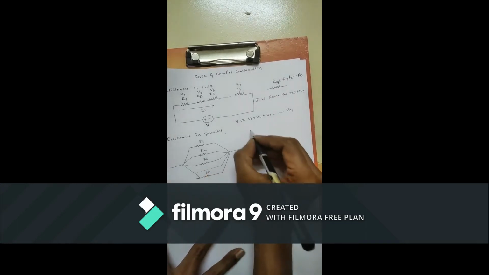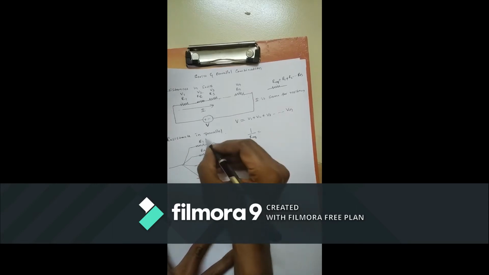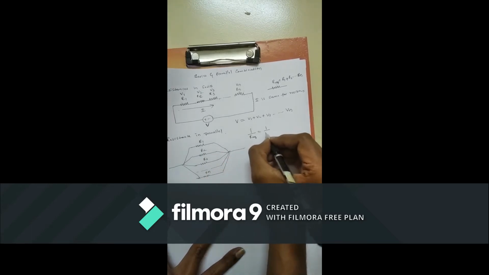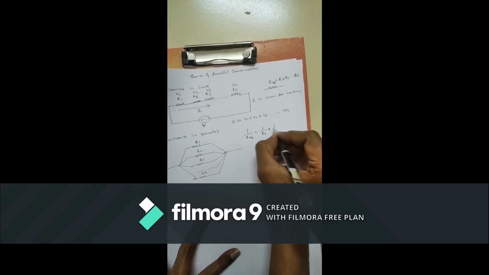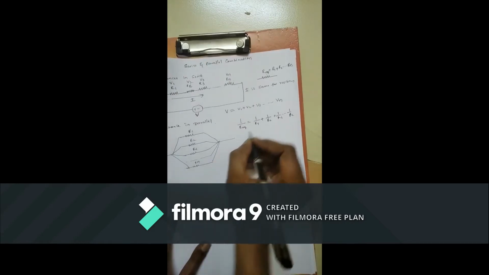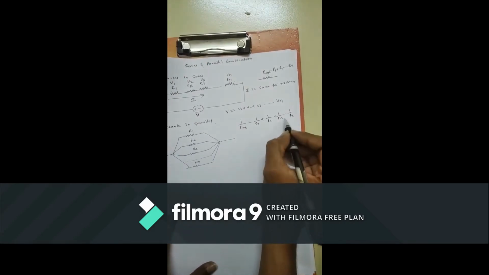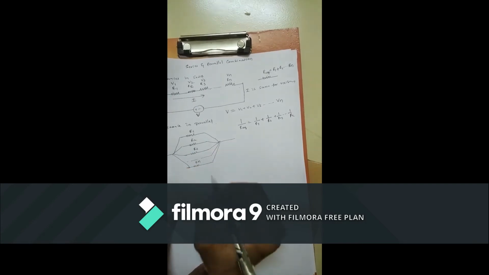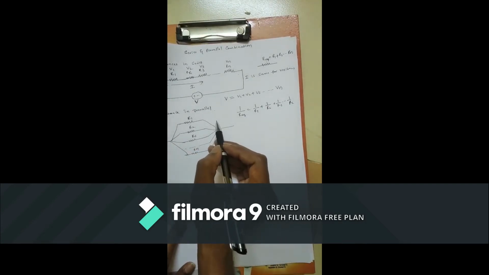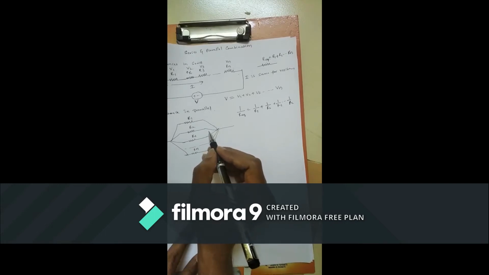In this case, the reciprocal of the equivalent resistance is the sum of the reciprocals of the individual resistances: 1 by R equivalent equals 1 by R1 plus 1 by R2 plus 1 by R3 up to 1 by Rn. One more important thing is that a parallel resistance combination acts like a current divider circuit.